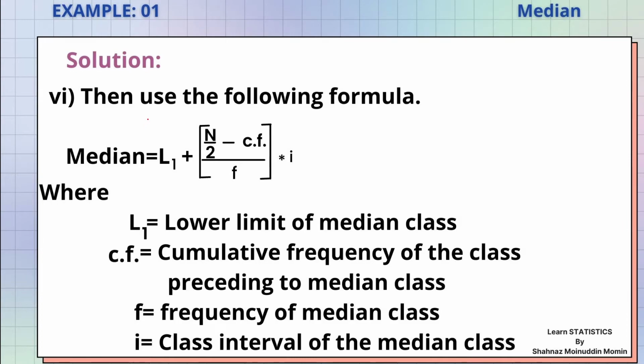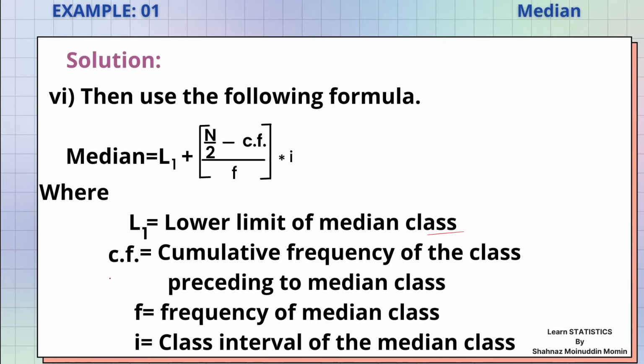Sixth step is then use the formula for median as median equal to L1 plus n upon 2 minus CF upon F into I, where L1 is lower limit of the median class. Here median class is a class which contains the value of median.